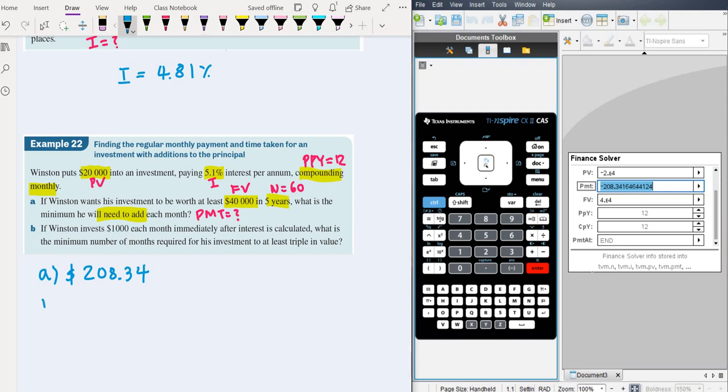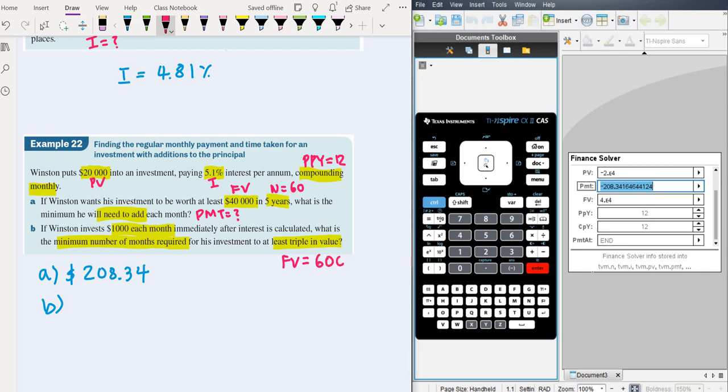And the next part of the question, part B, asks us to find, if we're making a $1,000 payment every month, how many months does it take for the investment to triple in value? So, well, if it triples in value, our future value is going to be triple our present value, which is 20,000.